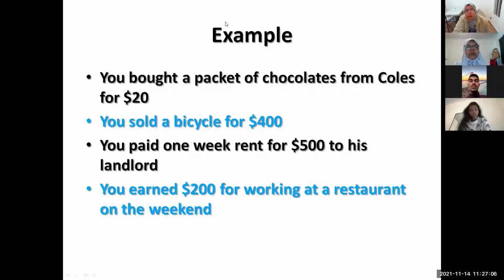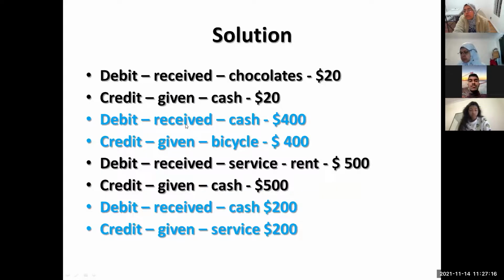Now I am going to give you some examples. You bought a packet of chocolates from Kohl's for $20. This is our first transaction. So how are we going to record this? What is received will be debited. We received the chocolates for $20, so we have debited chocolates, and we credited cash, we gave cash.